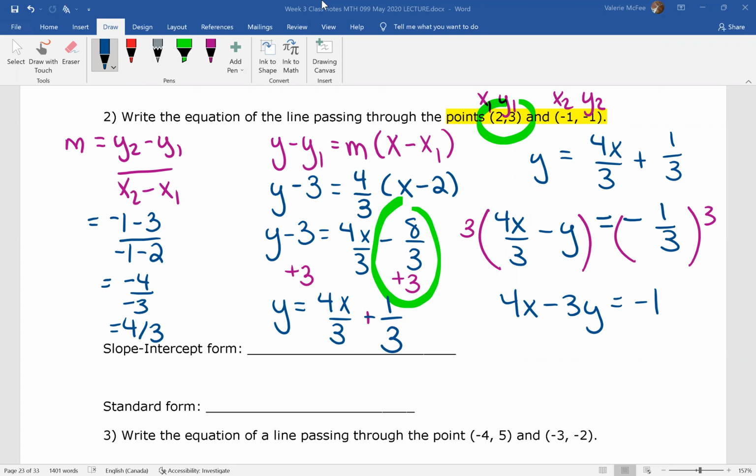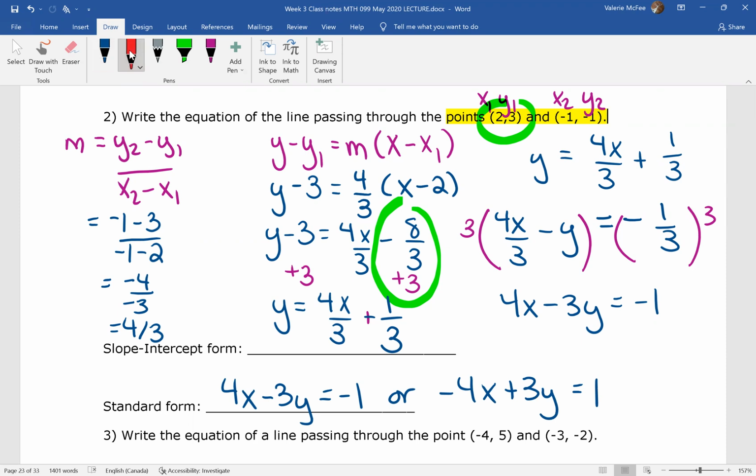We want to get rid of our denominator. So you should have 4x minus 3y equals negative 1, or negative 4x plus 3y equals positive 1. Either of those is fine. I like this one better. MyMathLab doesn't seem to care.